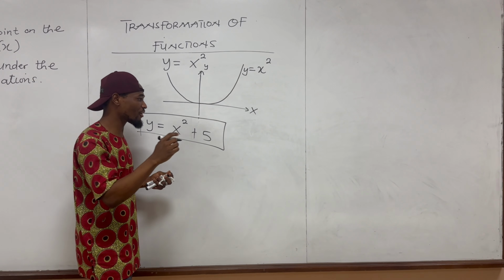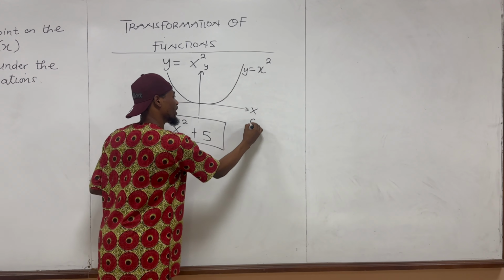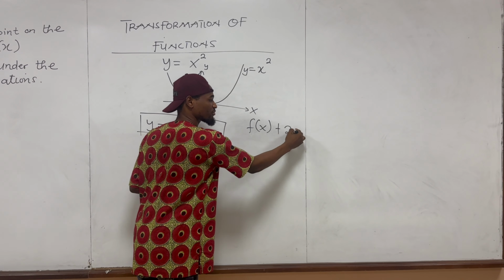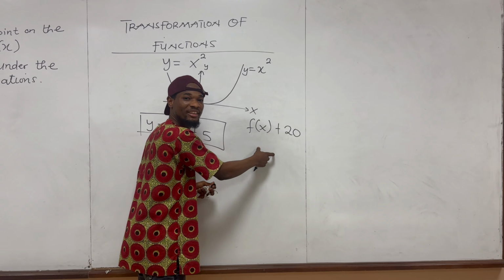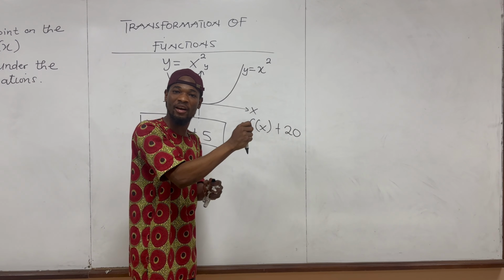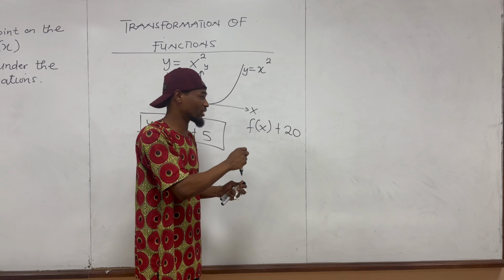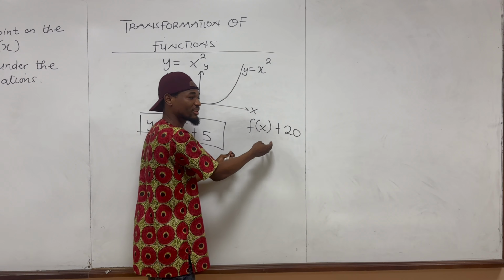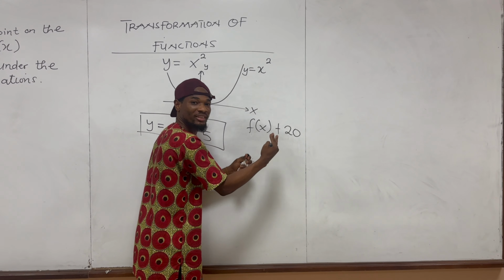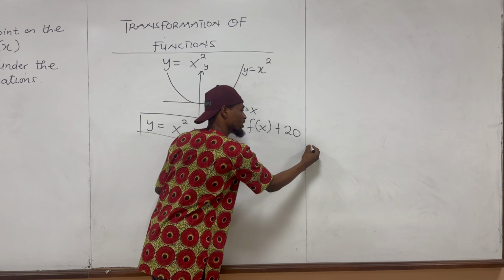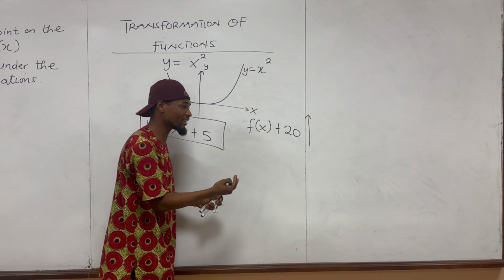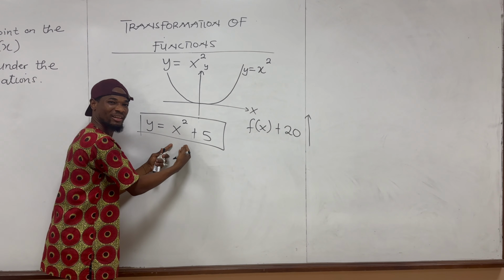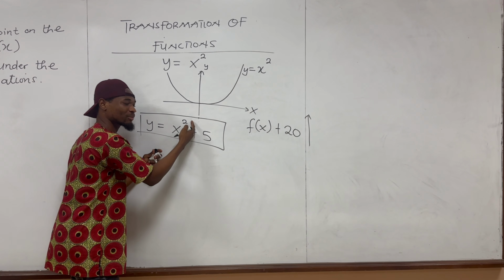Whenever you have a function f of x plus a certain unit, say 2, we have already explained this in our first lecture slides, where we understood the interpretation: vertical shift upwards by a magnitude of 2. Here it is the same, but this time it has an exponent of 2.